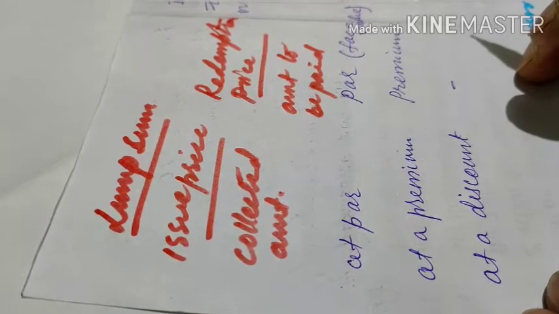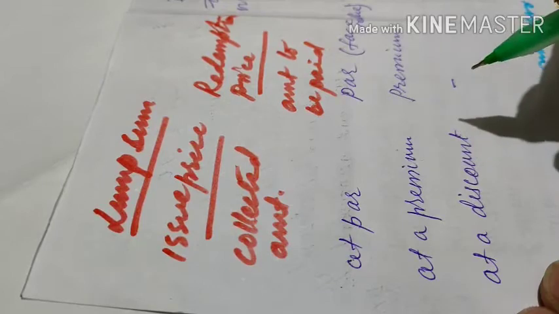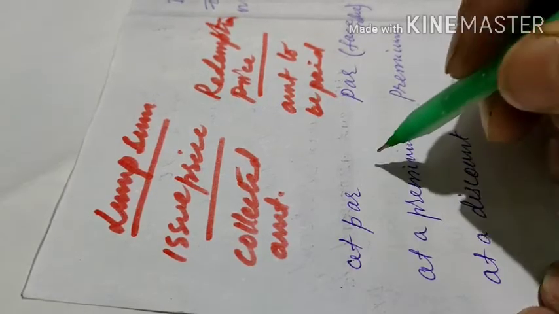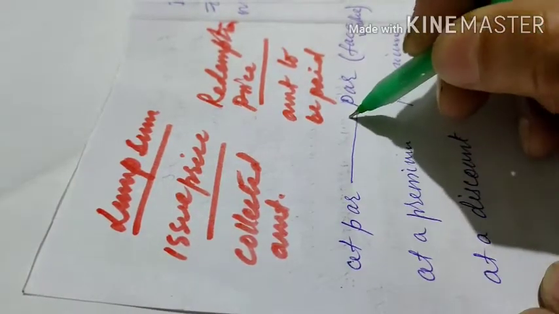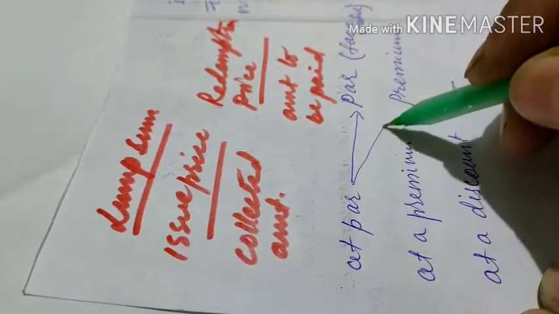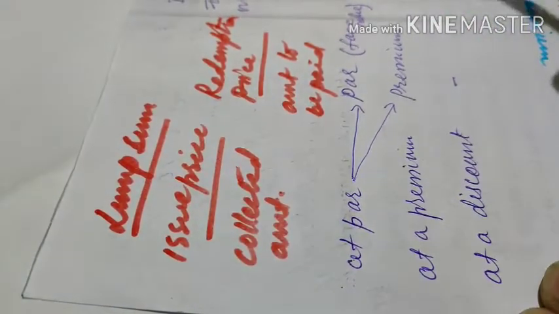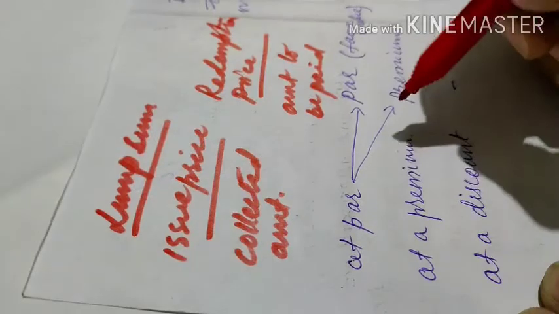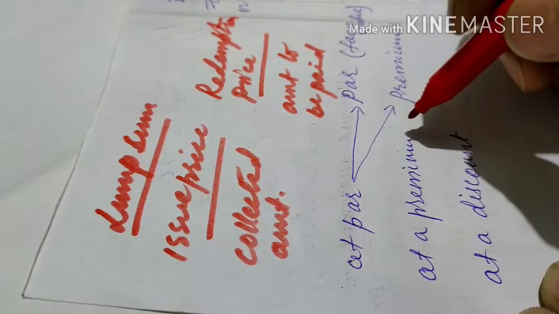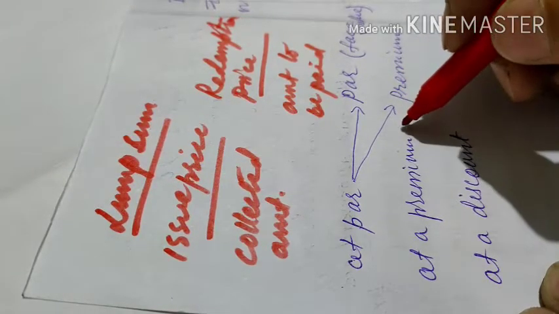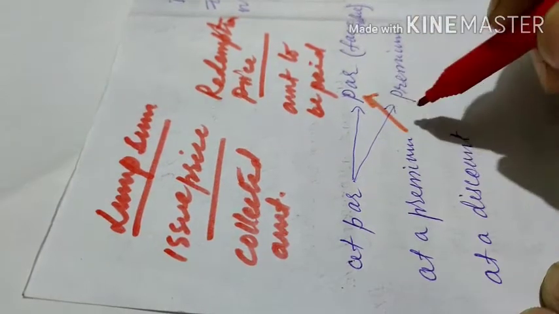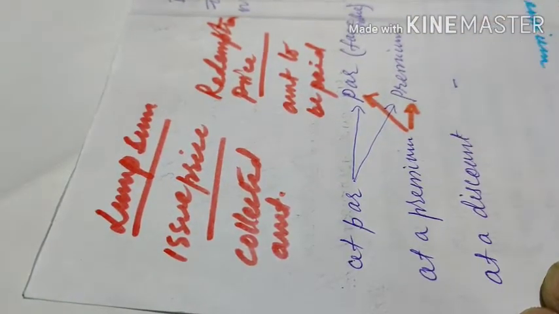Now what do we see here? We find that if debentures are issued at par, it can be redeemed at par or it can be redeemed at a premium. Or debenture issued at a premium can be redeemed at par or it can be redeemed at a premium.